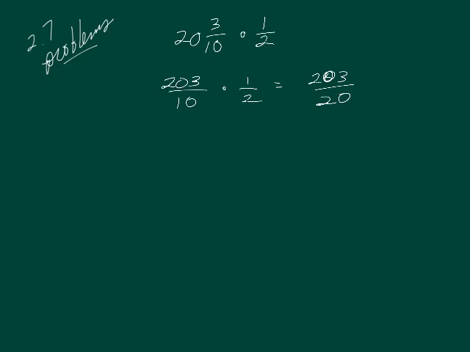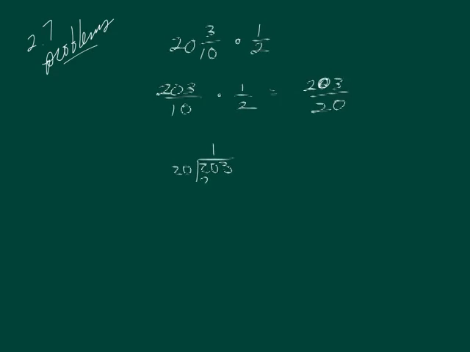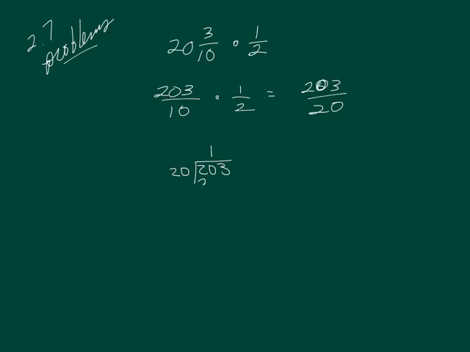Okay, so let's go ahead and change that. 203 divided by 20. So 20 goes into 20 one time. 1 times 20 is 20.